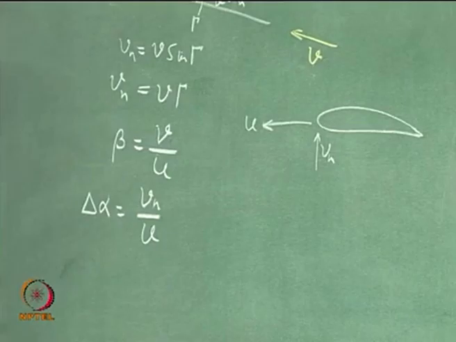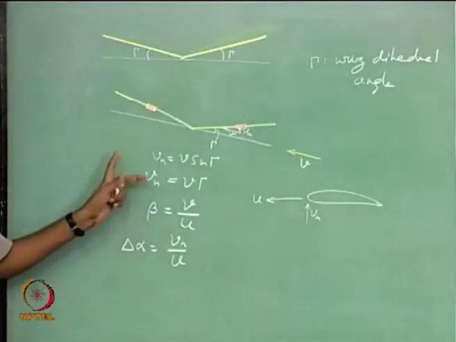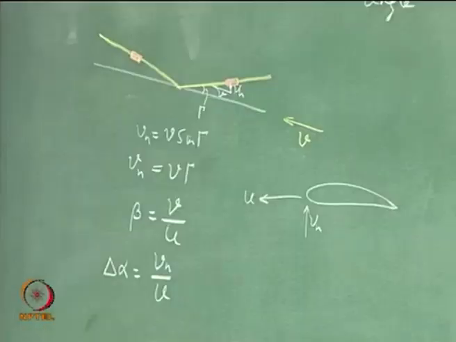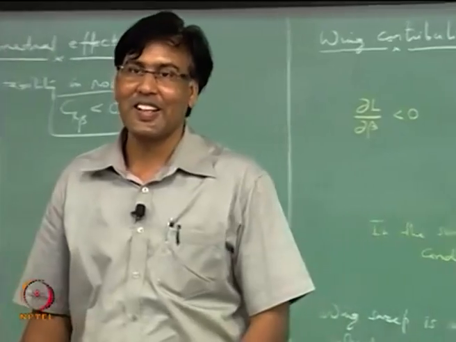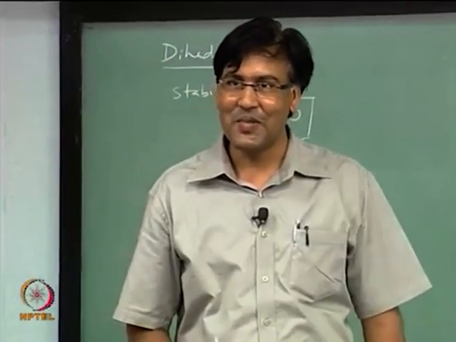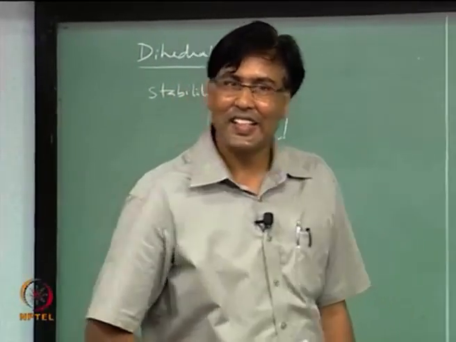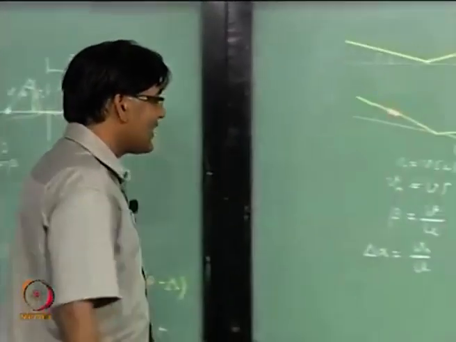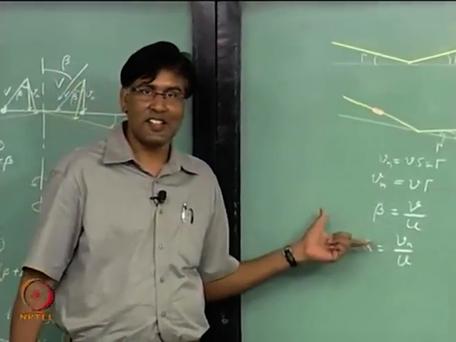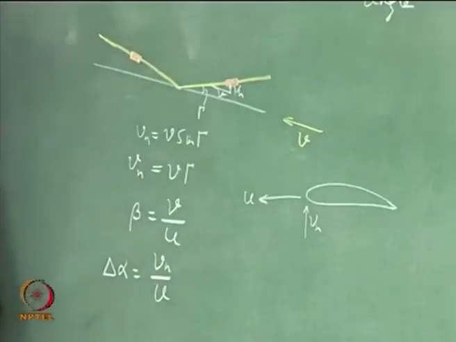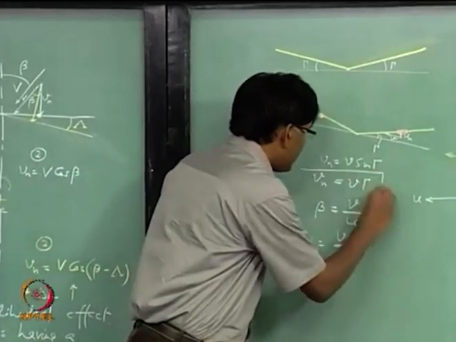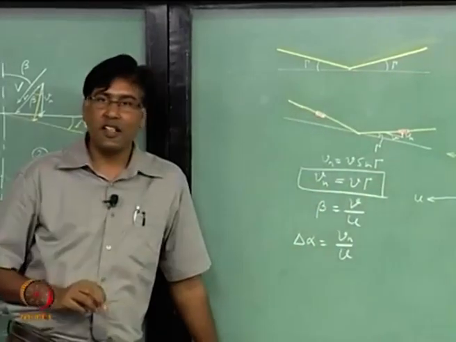Are these expressions clear to you? How many of you understand this? Just show the majority, okay? Then I can move forward. Is this all right? In approximation, when I am saying this dihedral angle is small, you can write this.